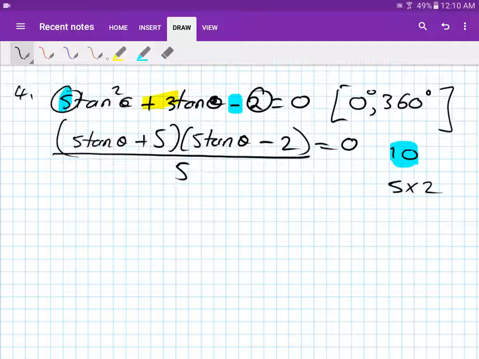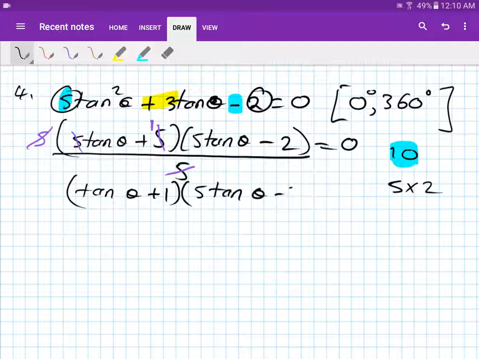Now I take out the common factor. The common factor of this first bracket here is 5. So I took the 5 out, that cancels out, giving me 1. So your answer is tan theta plus 1 and then 5 tan theta minus 2 equal to 0.